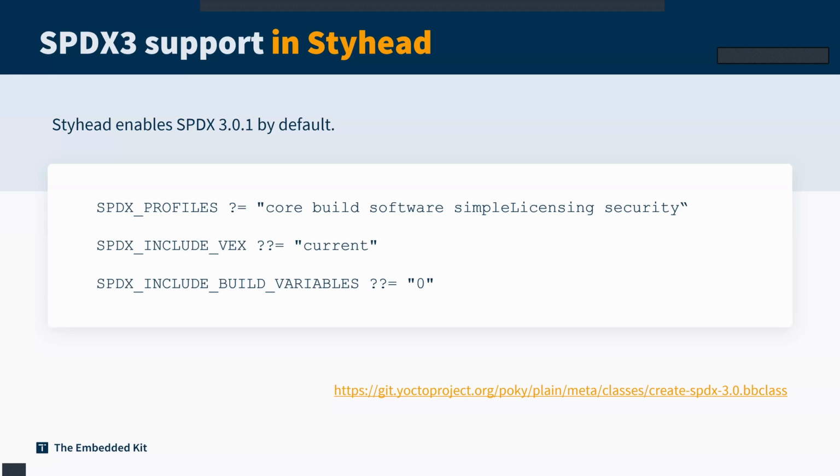You have a new option to extract the information you want, the profiles, or what we also call the scope. You can specify which scope you want to integrate into your software bill of material, which could make sense if you only want, for example, licensing, or if you want to concentrate only on cybersecurity topics. Everything can be configured easily.